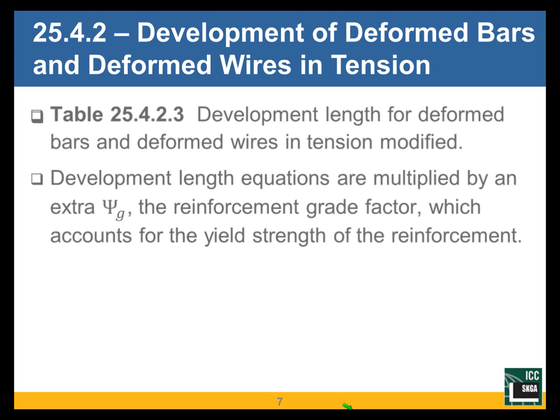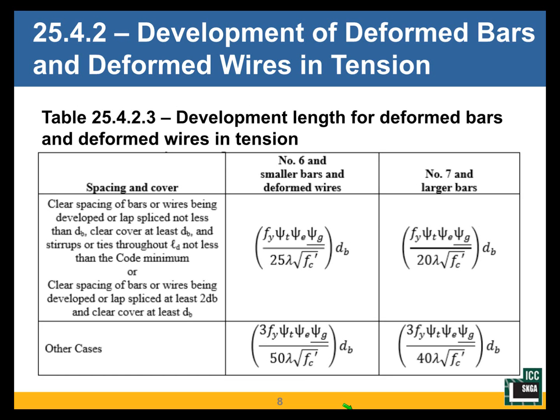Development length equations that we will look at are multiplied by an extra psi_g, the reinforcement grade factor, which accounts for the yield strength of the reinforcement. So this modification has become necessary directly because of the fact that we now have this grade 80 and grade 100 reinforcement recognized in ACI 318.